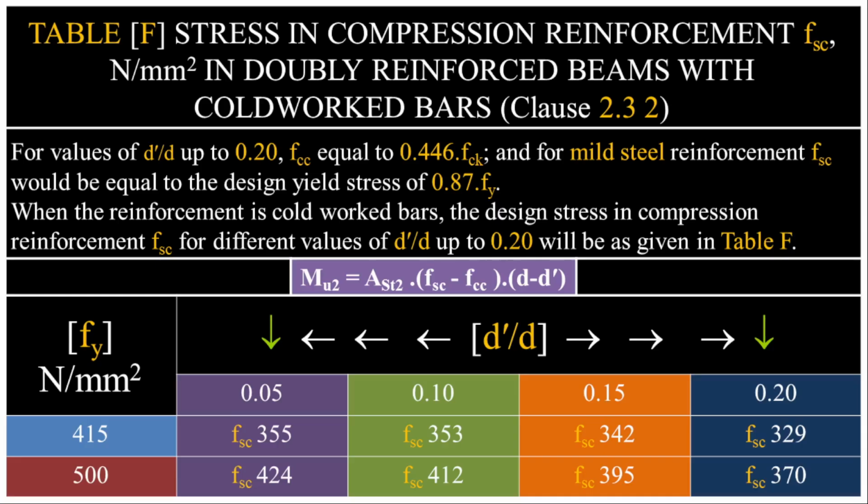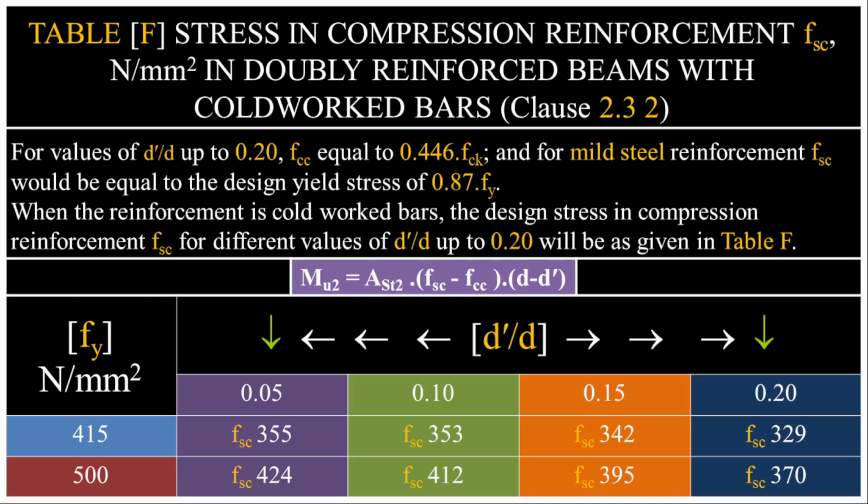The table itself provides values for fsc for different ratios of d'/d, all up to 0.20, when cold worked bars are used as reinforcement. Below the main title, you'll also notice the formula for the ultimate moment capacity, Mu2, which is calculated as Ast2 multiplied by the difference between fsc and fcc, and then multiplied by the effective depth d minus d'. Looking at the table itself, on the left, we have the yield strength of the steel, fy, in Newton per square millimeter.